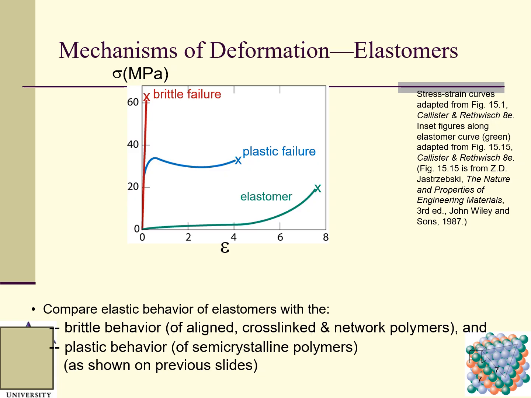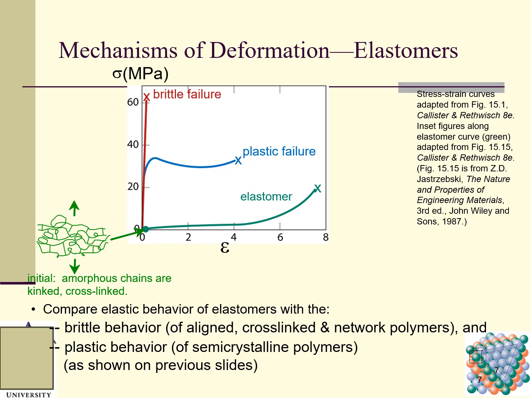The brittle behavior is of aligned, cross-linked, and network polymers, and we just talked about these failure mechanisms. And the plastic behavior, we have semi-crystalline polymers as shown on previous slides. So this is the elastomer. In the elastomer initially, the amorphous chains are kinked and cross-linked.